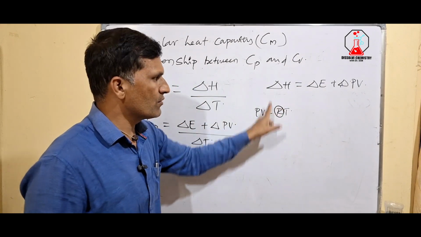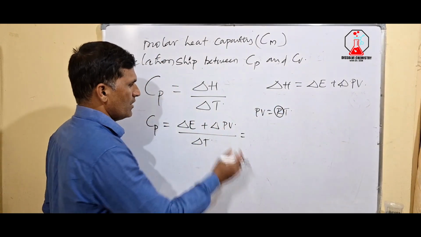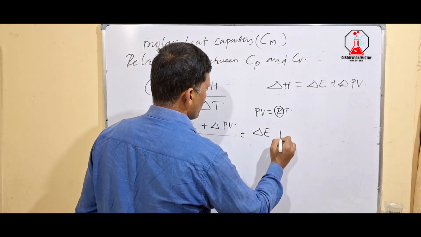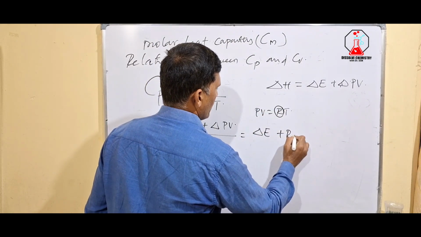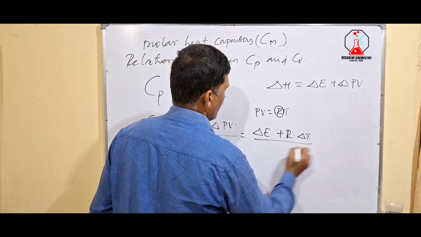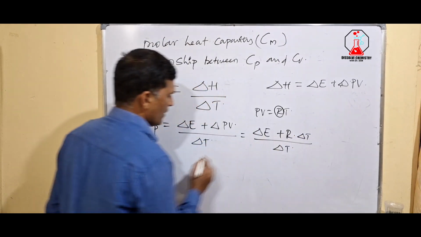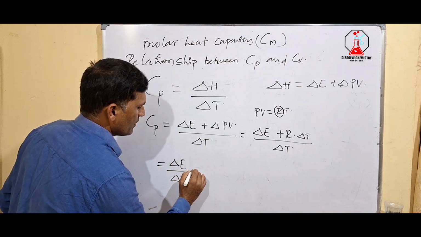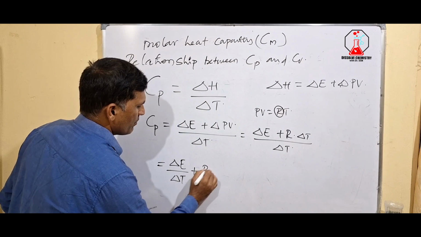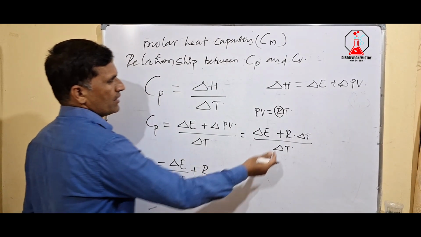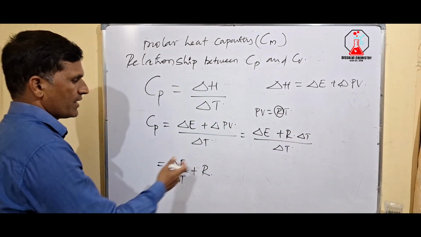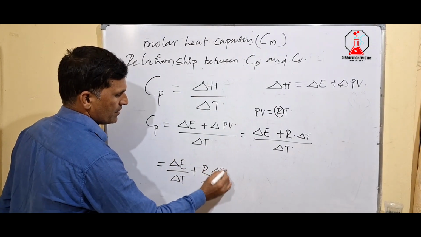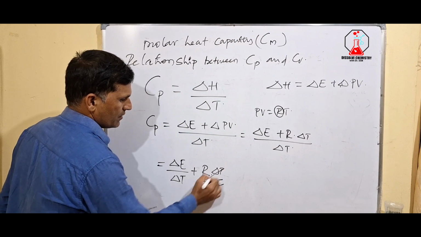Therefore we substitute R T in place of PV. So delta E plus R into delta T divided by delta T turns out to be delta E by delta T plus R. The delta T cancels in the second term.